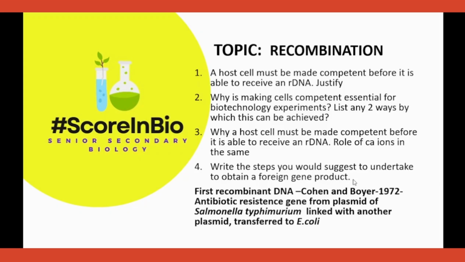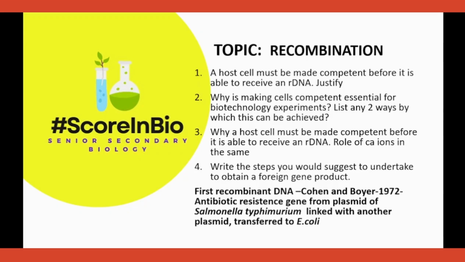For this, you are writing all the steps, which are isolation of a gene of interest, extracting the DNA. After that, you are cutting it using restriction enzymes, putting it on a gel, isolating only that gene of interest. After that, amplifying it using PCR, inserting it into a host cell either in the direct method or vector-based method.